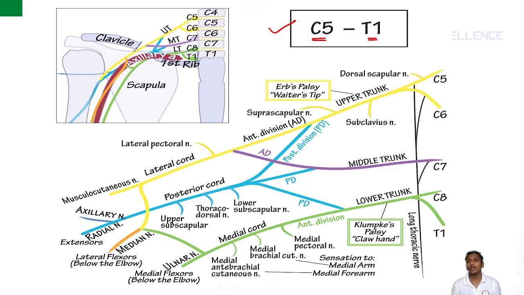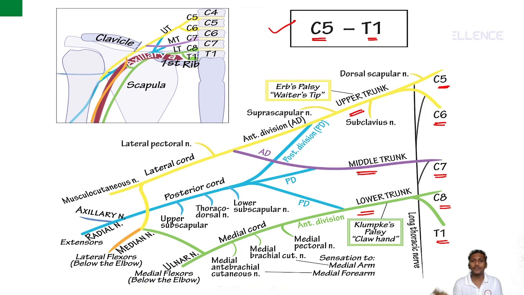The C5 and C6 nerve roots come together to form the upper trunk. The C7 nerve root directly forms the middle trunk, and the C8 and T1 nerve roots come together to form the lower trunk. So we have three trunks: upper, middle and lower.